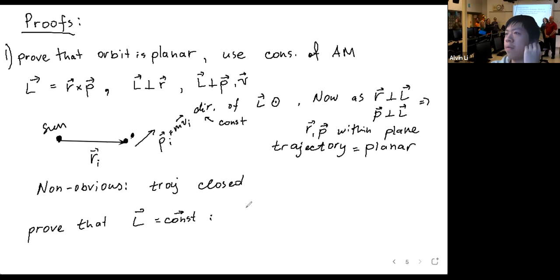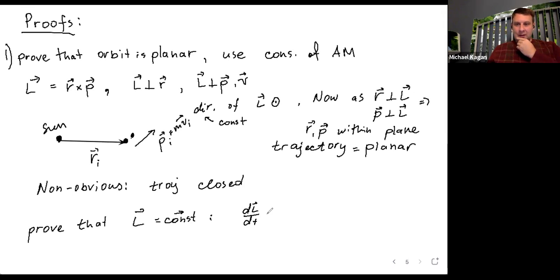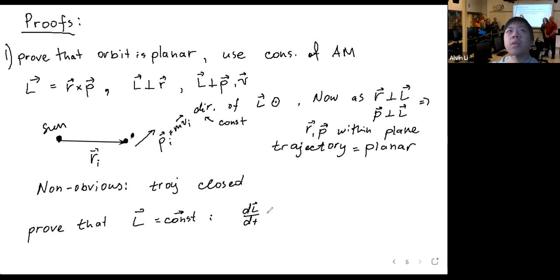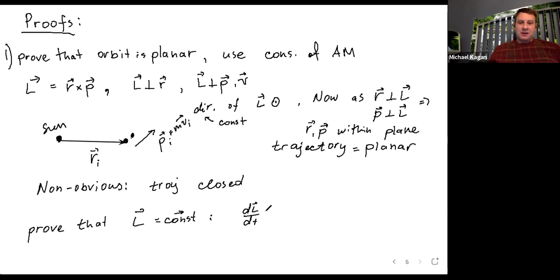You can start from conservation of linear momentum. Is it conserved though? It's certainly not conserved. It rotates, and it speeds up and slows down. So linear momentum is far from conserved here.